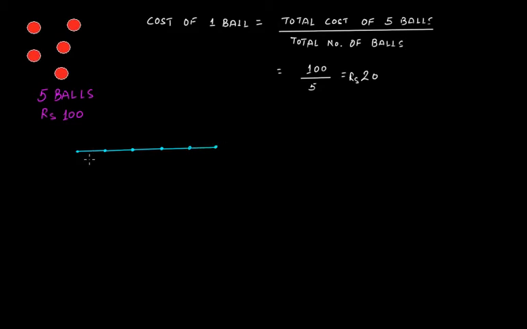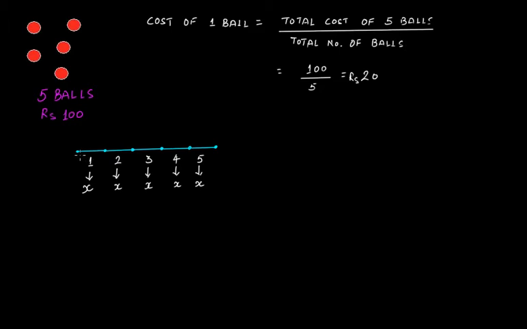I'm explaining in a very simple way. One ball, second ball, third ball, fourth ball, and fifth ball, right? Then let's suppose the price of one ball is, let it be X only. If this is X, this one will also be X, this one also X, the fourth ball will also be X, and the fifth ball will also be X.